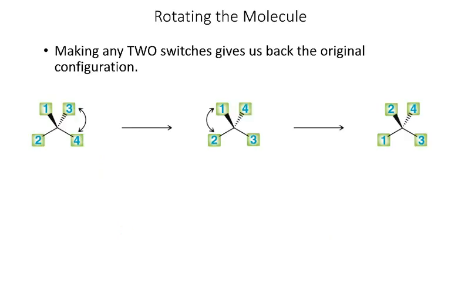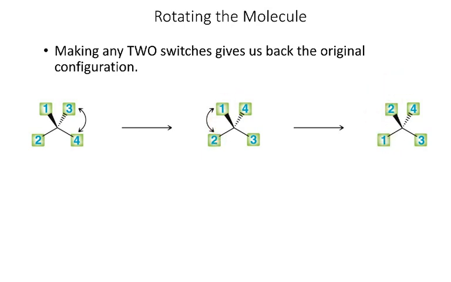So what's super helpful about that, if I'm trying to assign the R or S configuration of a given molecule, is if I switch 2 groups, so I put the 4 in the back as I need to have, but now I've changed to the enantiomer. If I switch another set of 2 groups, now I'm back to the same configuration that I started with.